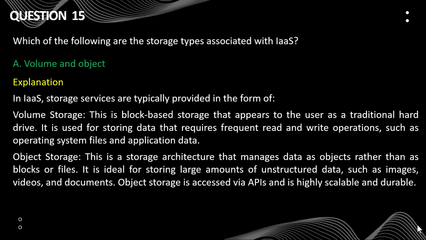Object storage manages data as objects rather than as blocks or files. It is ideal for storing large amounts of unstructured data like videos, images, and documents, and it is accessed using APIs, which makes it highly scalable and durable. That's why we're going with option A.